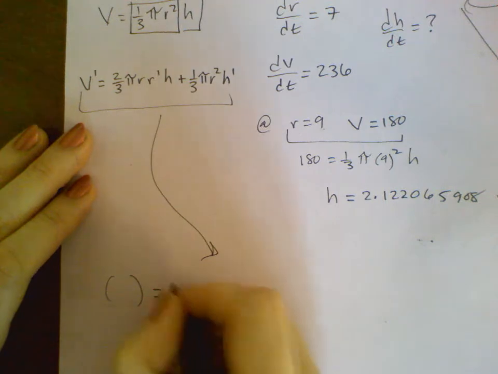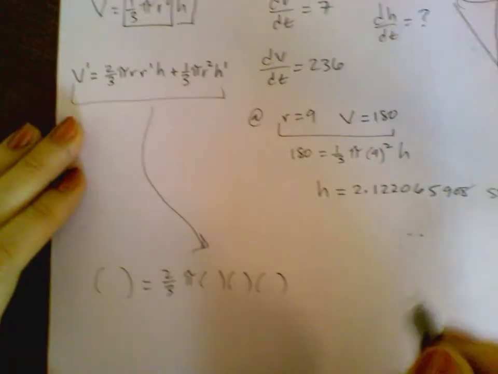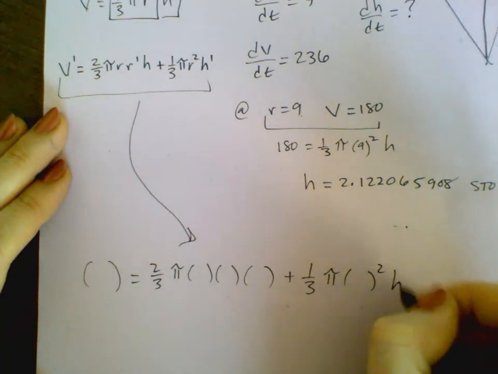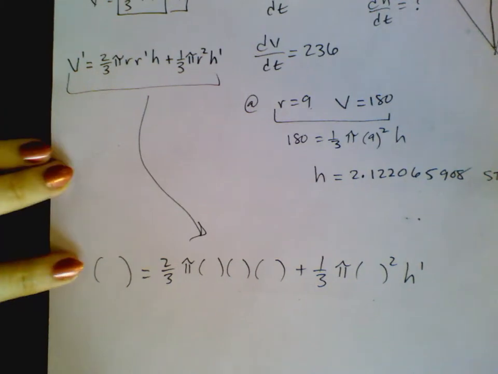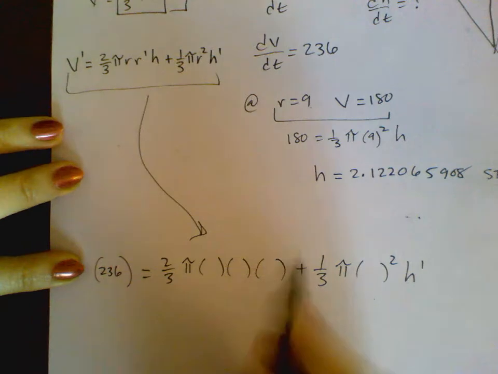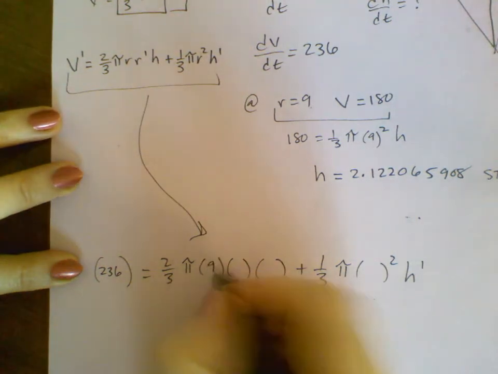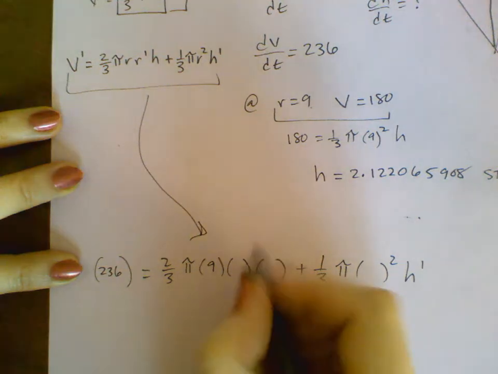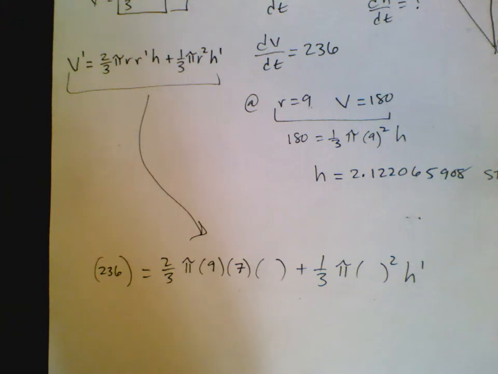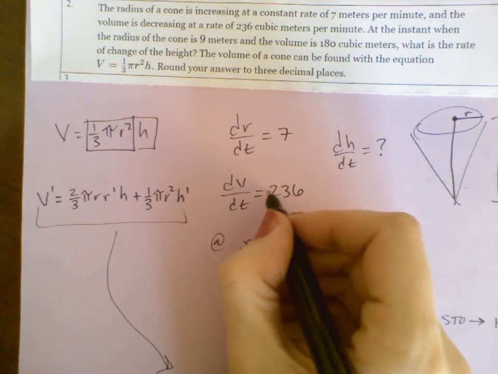So this is 2/3 pi blank blank blank plus 1/3 pi blank squared h prime. Okay, what goes in for v prime? 236. What goes in for r prime? Oops, you guys probably already caught this. The volume is decreasing. I'm sure you caught this a long time ago. That should be negative. Whoopsie.